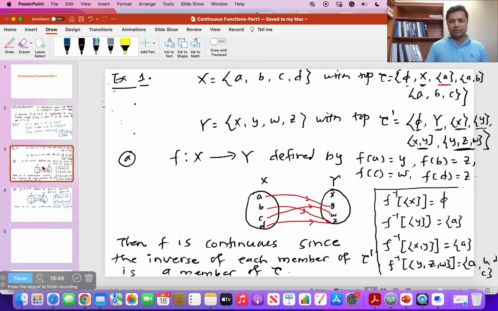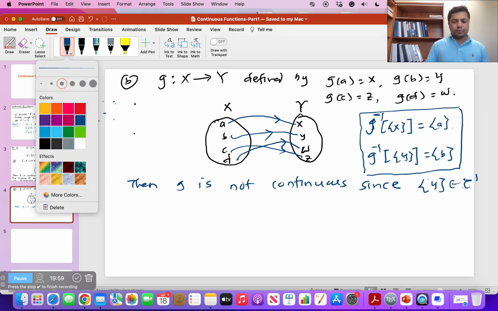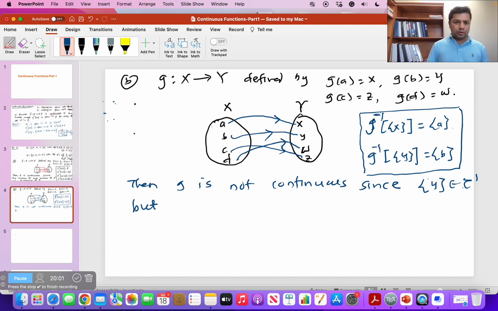Now you can see here we have y in tau prime, but g inverse of y, which is the singleton set b, does not belong to tau.